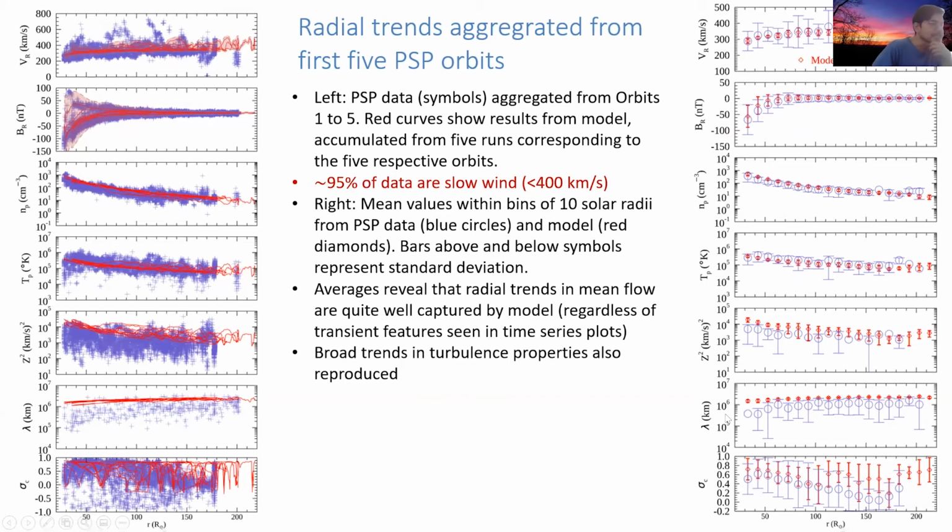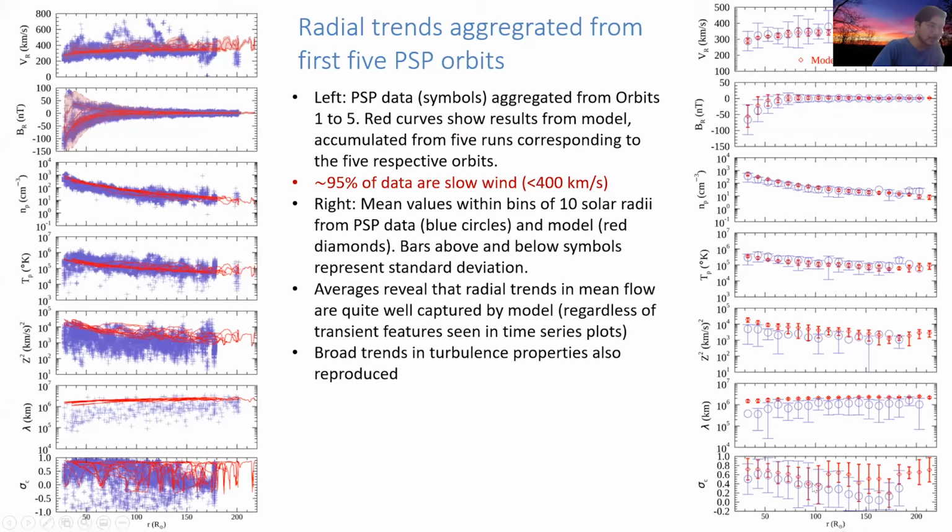You've got energy, correlation scale, and now what you're seeing in the cross helicity is that in the observations, the cross helicity, which has been sector rectified here, so the sign is always between 0 and 1, increases as you approach the sun. So the turbulence is becoming more Alfvénic, which is not surprising.